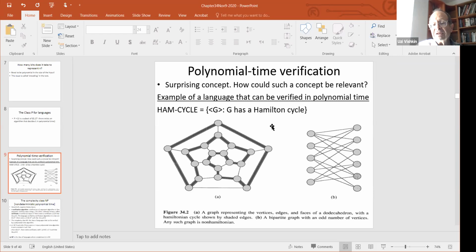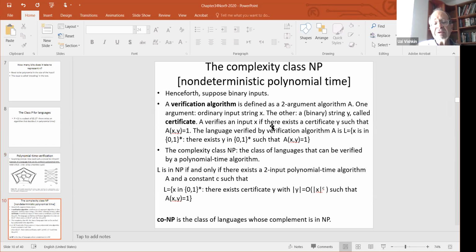All the graphs that do not have a Hamilton cycle. It will be the complement, because a graph can either have or not have. So co-NP is languages whose complement is in NP. Observe that a co-NP language is not necessarily in NP.